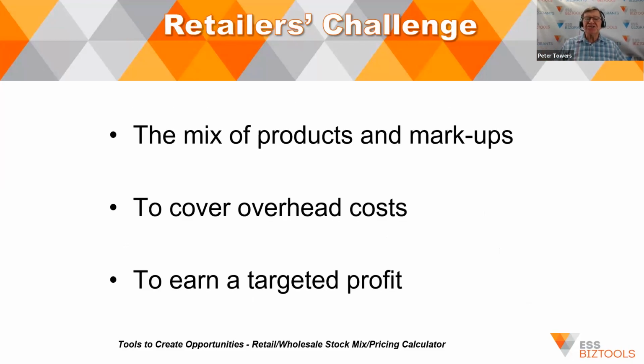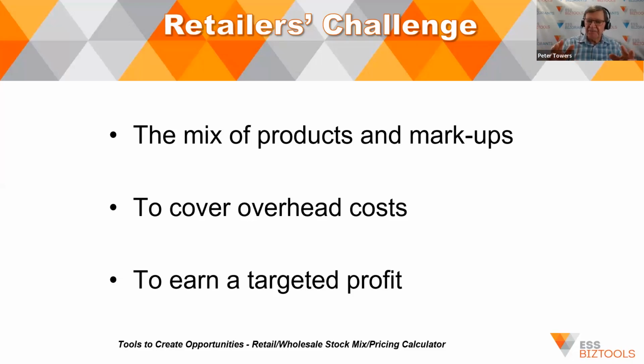So the retailer's challenge is the mix of products and markups, getting them so that they generate enough revenue to cover their overhead costs and to generate the targeted profit. And obviously their overhead costs include labour.